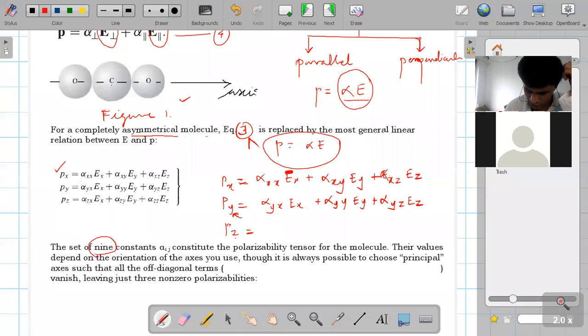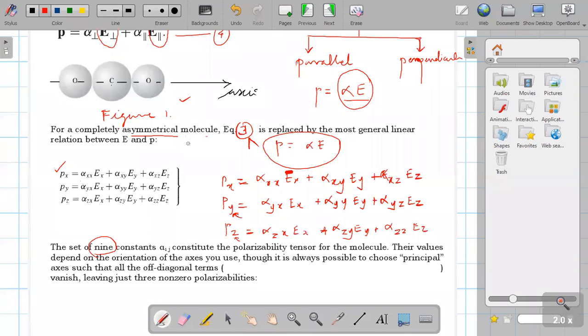This is your z, first z, therefore alpha zx Ex plus alpha z. Understood, dear student, up to this level?